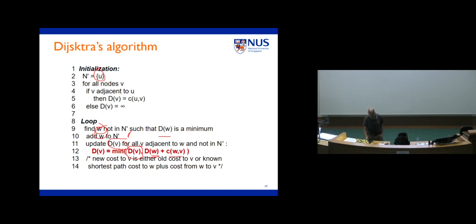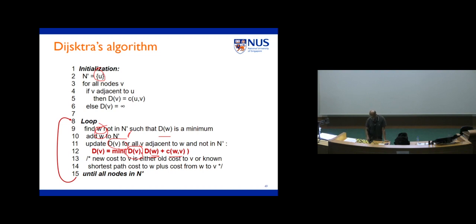And I check if the new cost to V is either the old cost or the shortest path to W and then from W to V. And I repeat it until all the nodes belong to N prime. So there's a loop going on here. Okay, so let's go back to our example, work through the example, and hopefully these steps will be clearer.